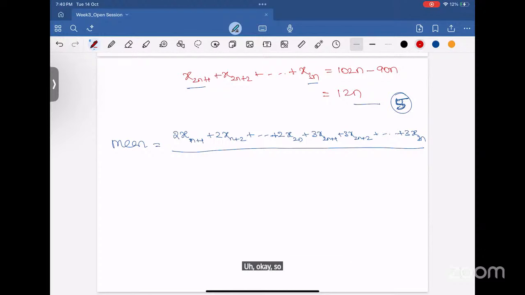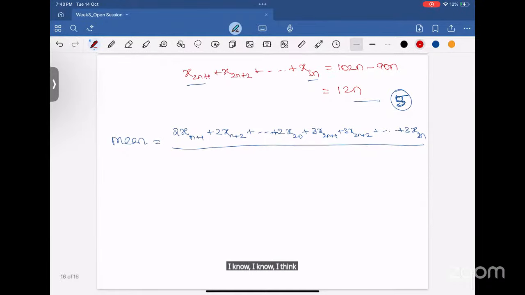Why 2n minus 1? Because I'm taking the rightmost, that is 3n, and the first one, that is n plus 1. I think you got one less. See this way: from n plus 1 to 2n, how many data points are there? Write 2n as n plus n.